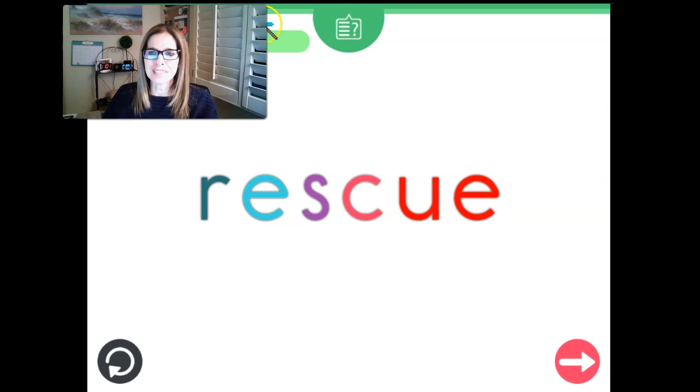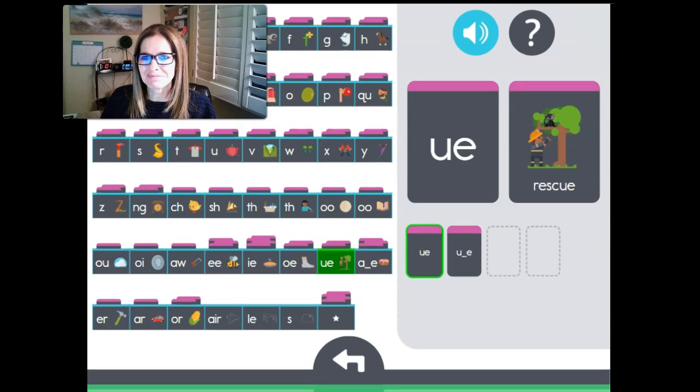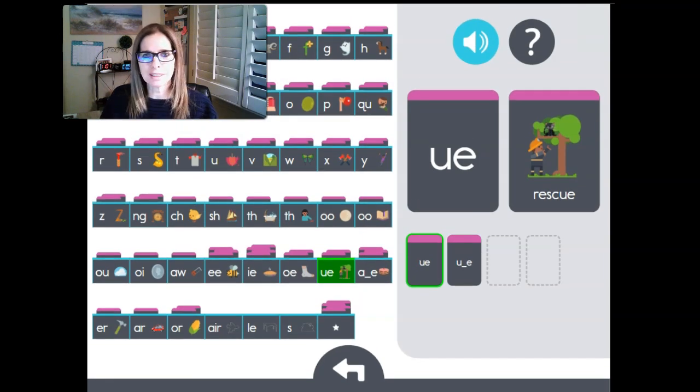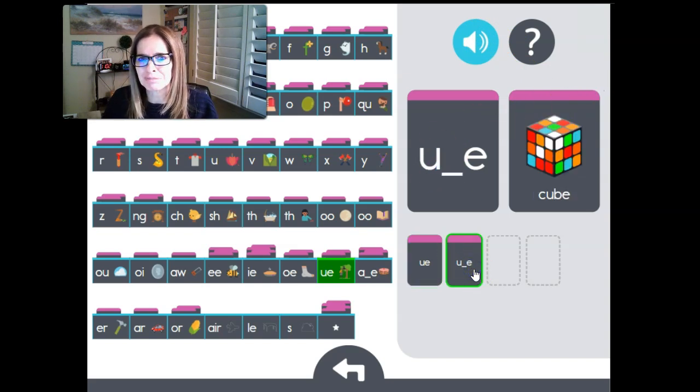Let's head on back over there to our pocket chart, shall we? So we see in our pocket chart that we just did, the 2-letter U in rescue. And then on the same card, on the U sound spelling card, I also see another spelling, don't you?